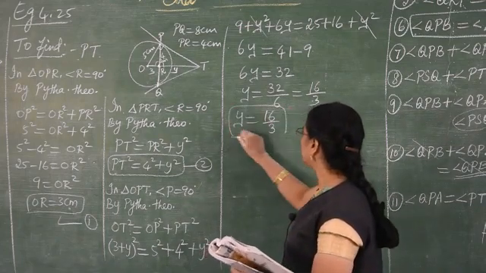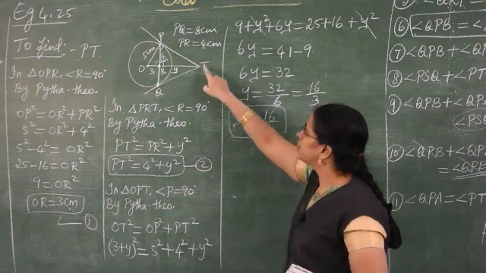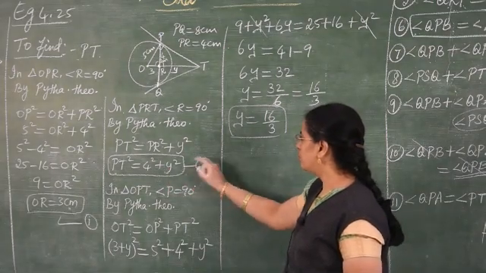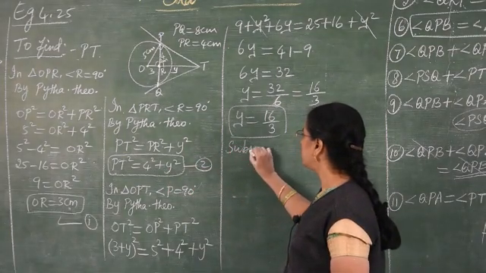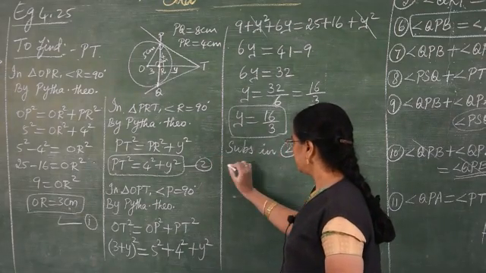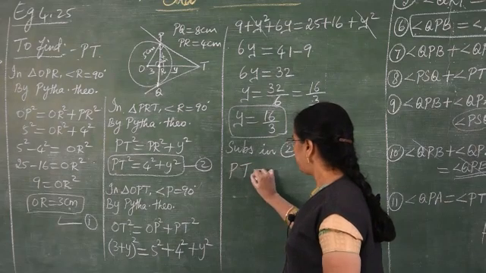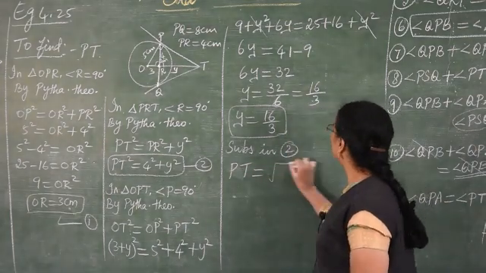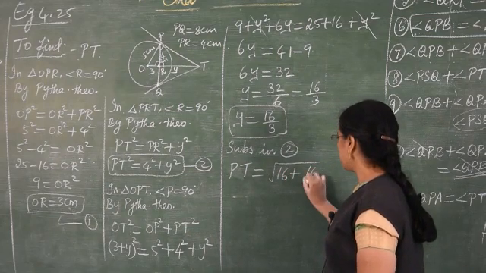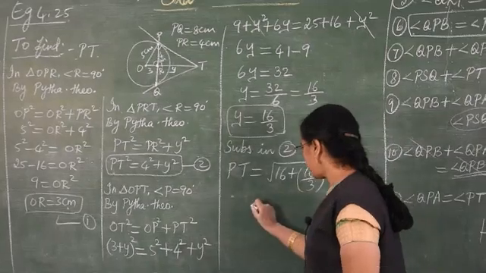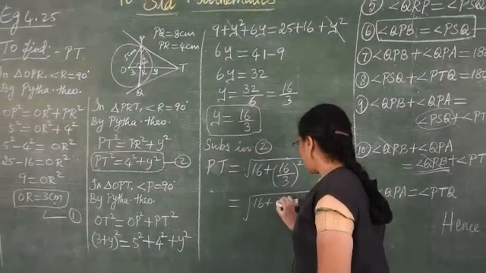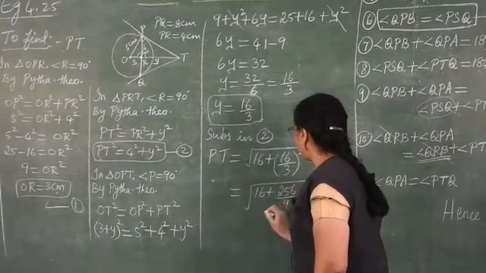But we need to find the length of the tangent PT. What is the PT value? Substitute Y in equation 2. So PT equals root of 4 square plus Y square, which is root of 16 plus (16 by 3) whole square, that is 16 plus 256 by 9.